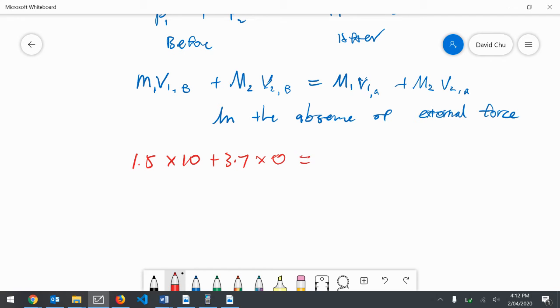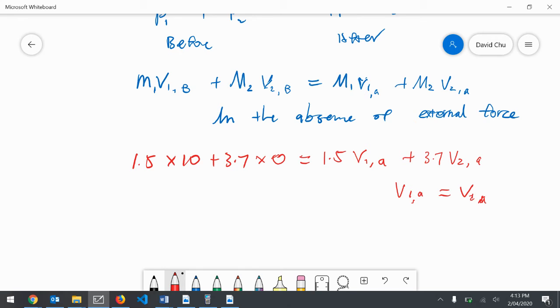And afterwards, my masses don't change. In fact, we do know mass 2, which is 3.7. One thing we know is since the two of them stick together, then v1a must equal v2a, because they have the same velocity, they travel together.